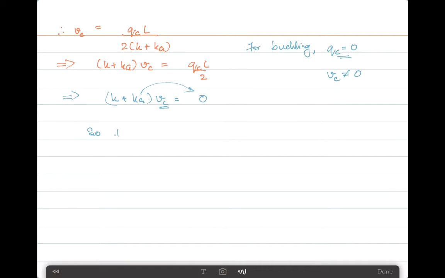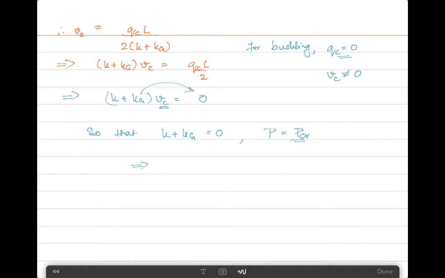Now, so that K plus KG is equal to 0, the load P that is applied, not QC, but the load P should be equal to a certain critical load, so that if QC is 0, we still have a certain displacement VC. In order to get this, we can solve the equation K plus KG is equal to 0.